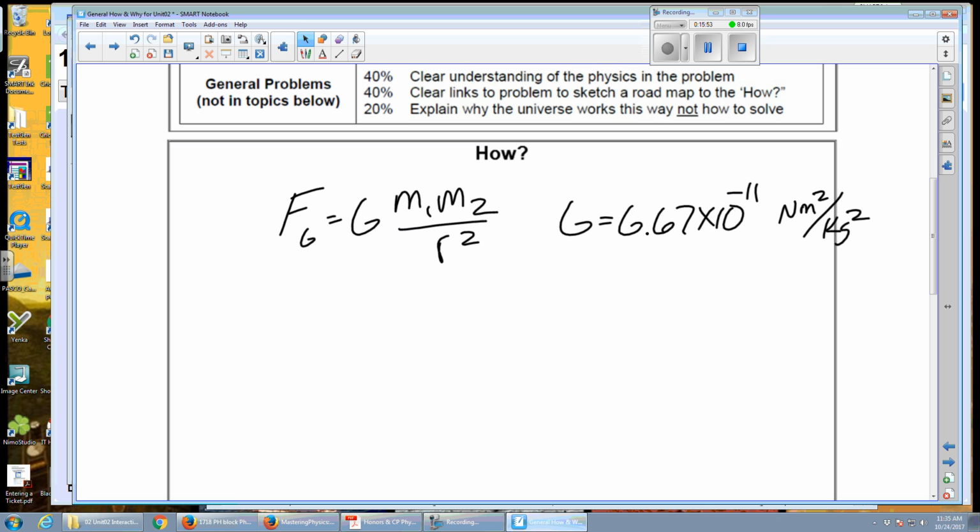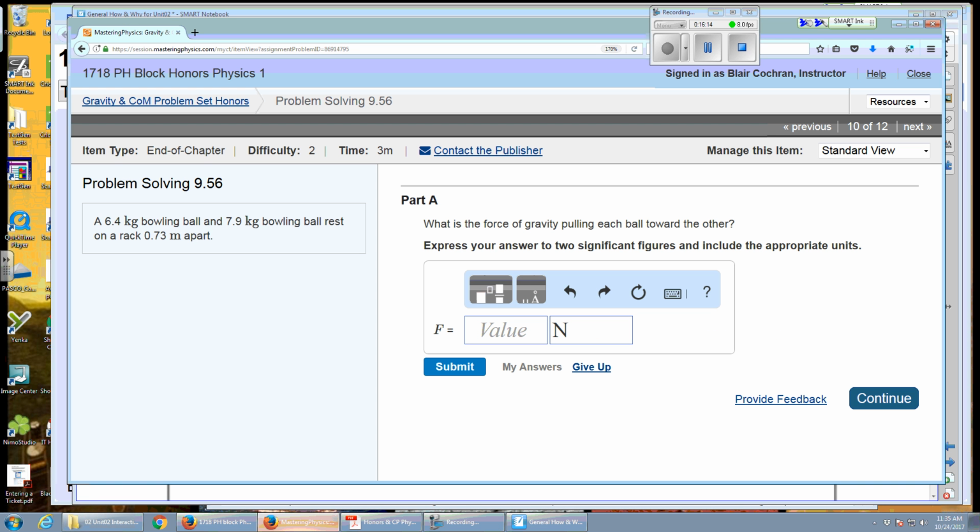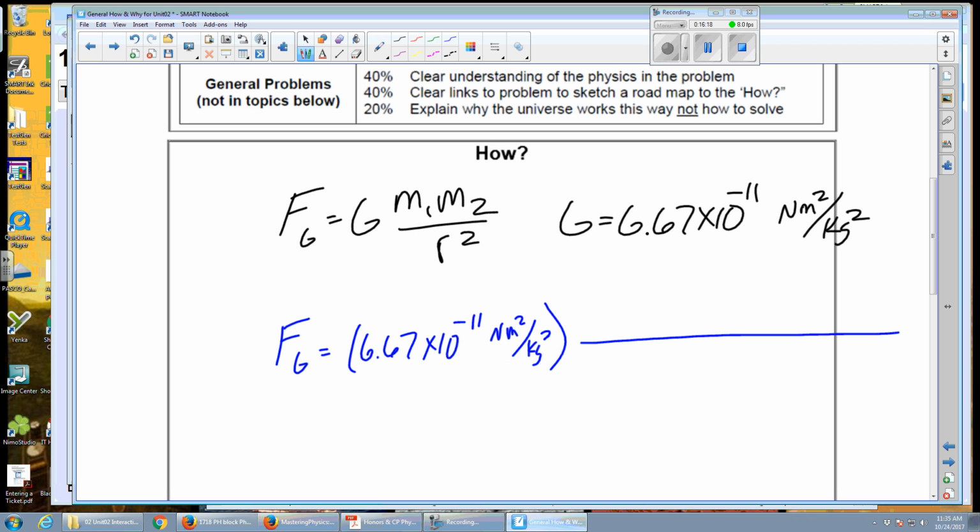Which object do you want to call object 1? One going left. Okay. Mine is 6.4 kilograms.